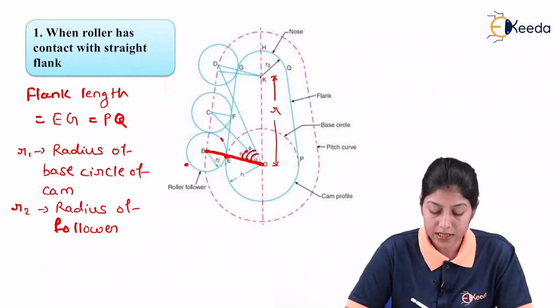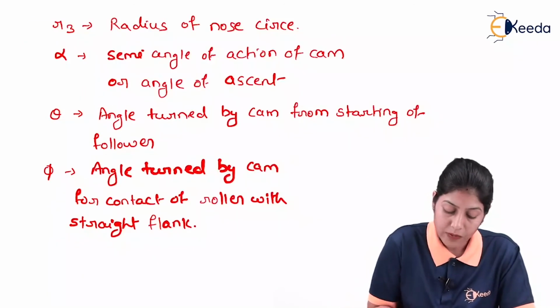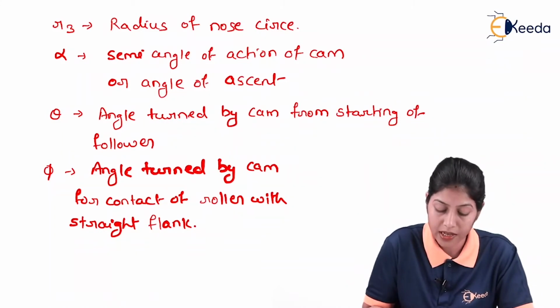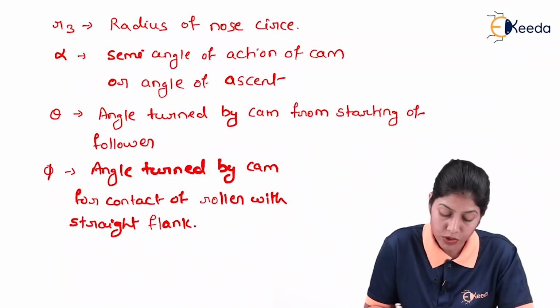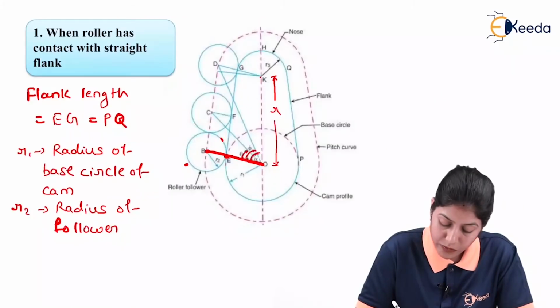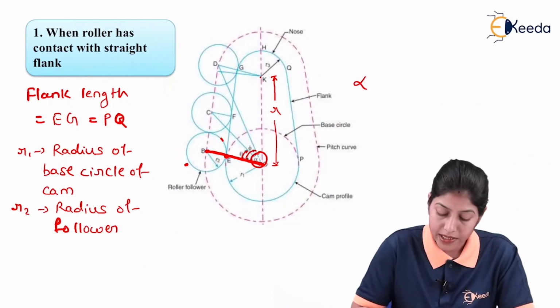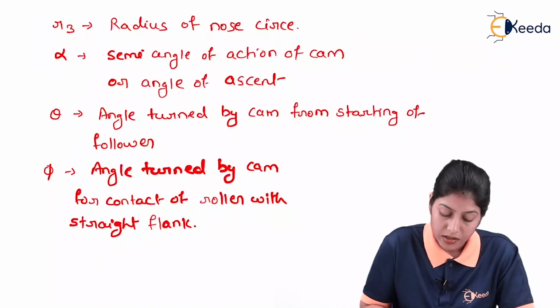So these three angles are defined. Alpha is representing the semi angle of action of the cam, or we can say the angle of ascent for the upward motion of the follower. So this first angle is representing alpha. Second angle is theta.